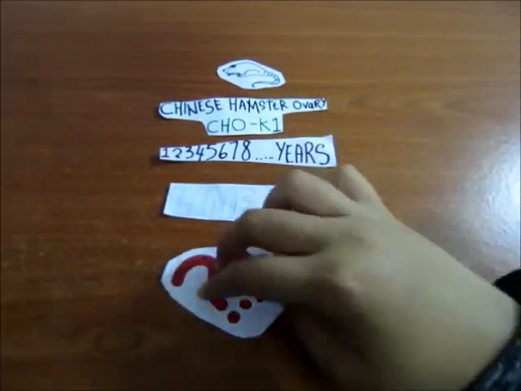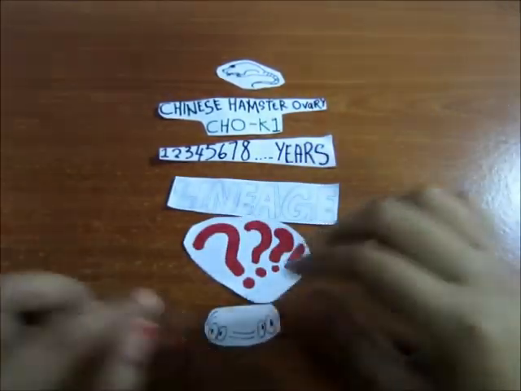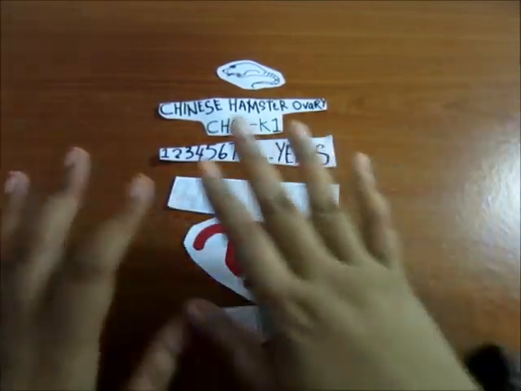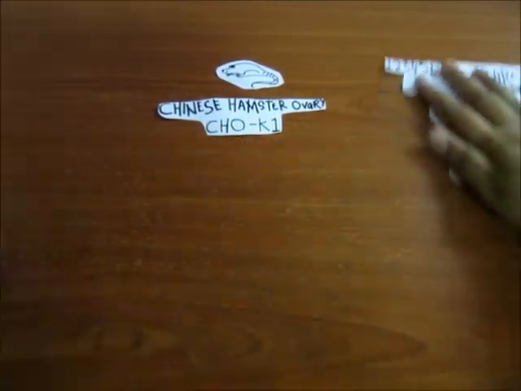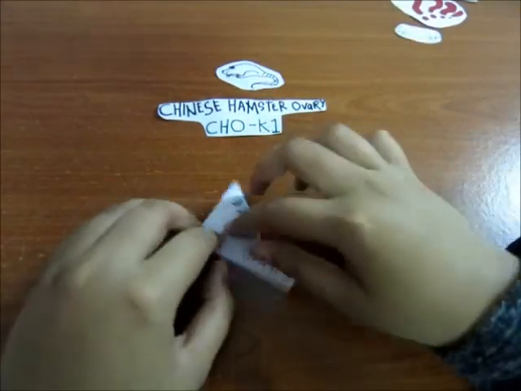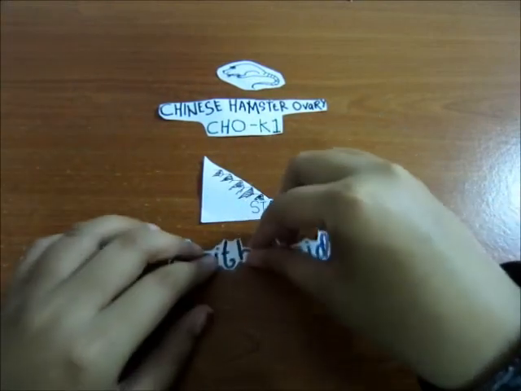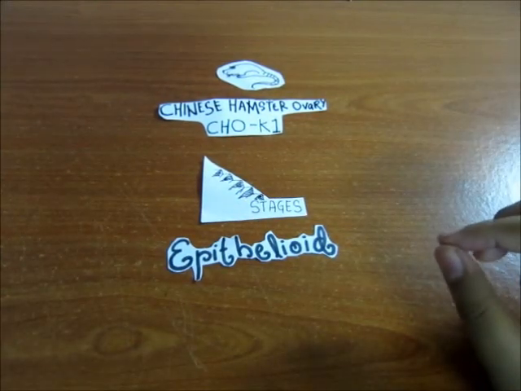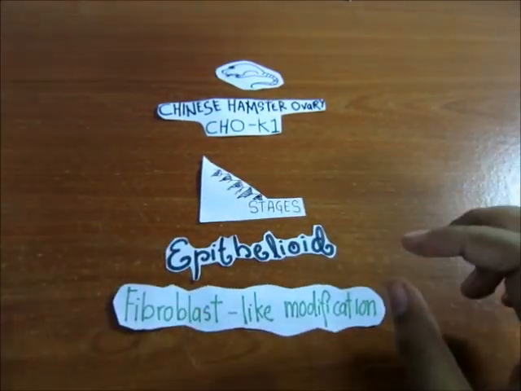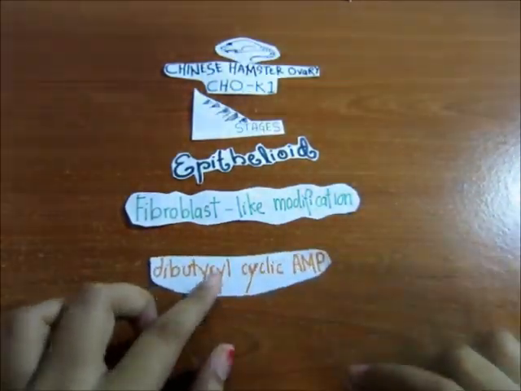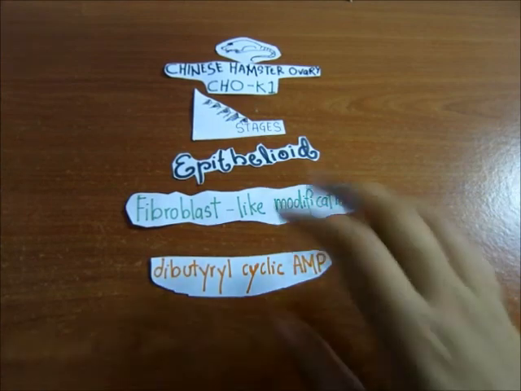If you look for the lineage on the internet or anywhere, you will not find it. At some stages these cells have epithelioid characteristics, but they can have fibroblast-like modifications when cultured in dibutyryl cyclic AMP.